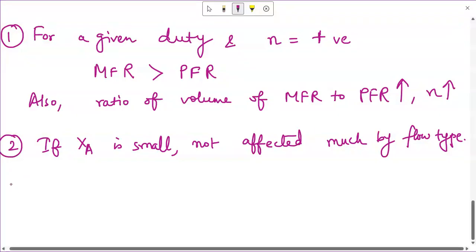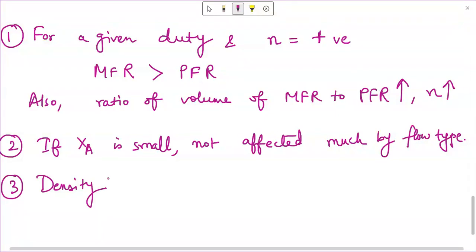Another important thing is the density factor. If you consider the density factor varying during the reaction, it definitely affects the design. But when it comes to the difference in flow type, the density factor is secondary, or not that important. The first importance is given to the flow type involved. So out of these three observations, let me write down the last one properly.